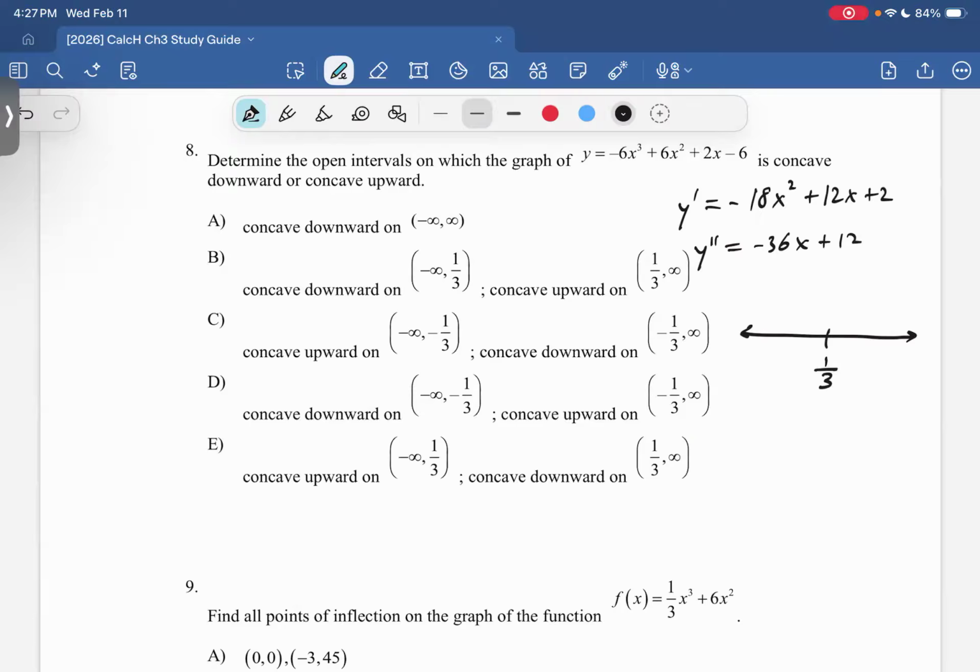So we can test x equals 0. That's going to make the second derivative positive, and then x equals 1 makes it negative. So we'll have concave up when we have x between negative infinity and 1/3, and concave down when we're at 1/3 to infinity. So what does that correspond to? E.